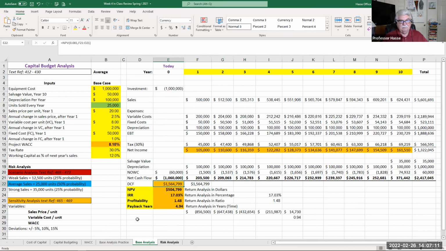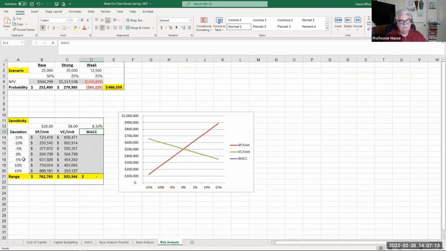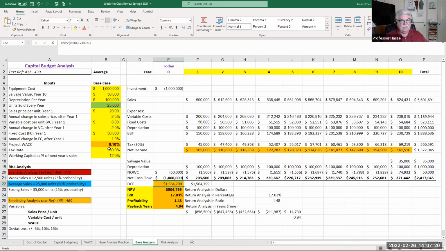So remember, the risk analysis shows 15% changes in WACC. If our cost of money is reduced by 15%, we go back to our variable, weighted average cost of capital, 8.1% times 0.85, a 15% reduction in the percentage rate.